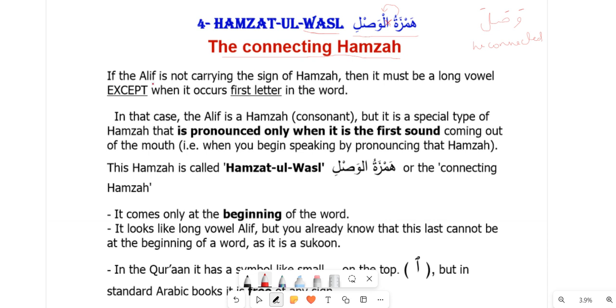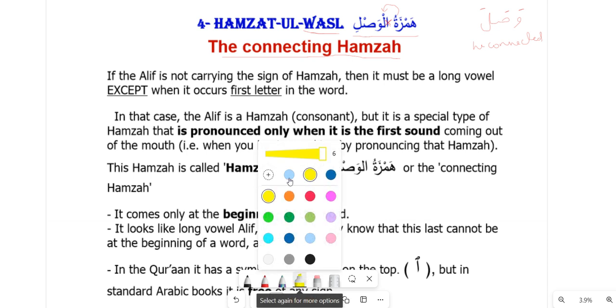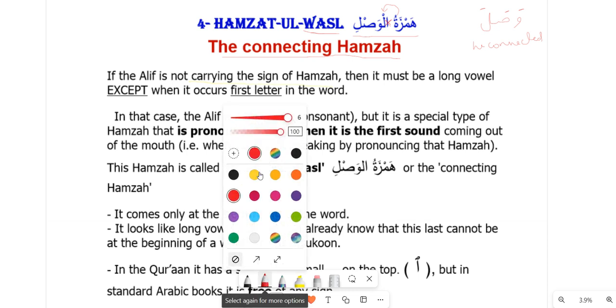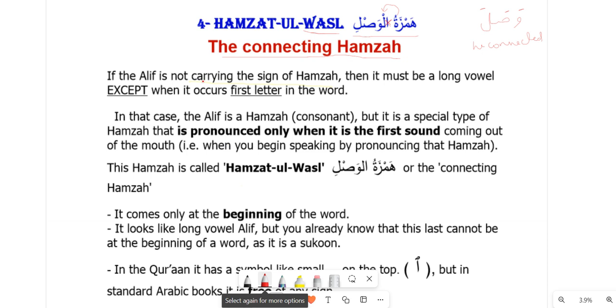Now, if the alif is not carrying any sign here, if you see the alif carrying no hamza, no sign, that means it's a long vowel. And I have done about the long vowels, that is the waw, alif, and ya.